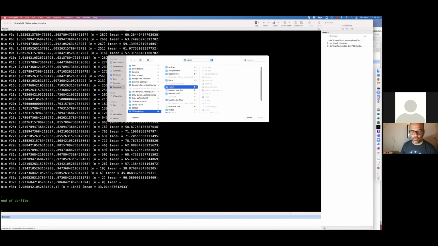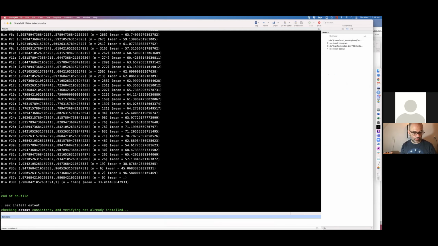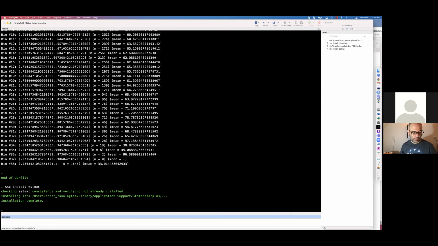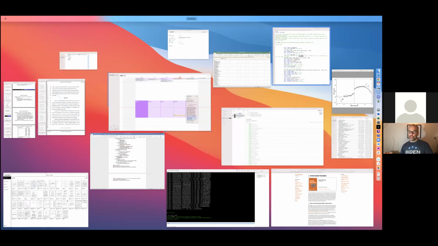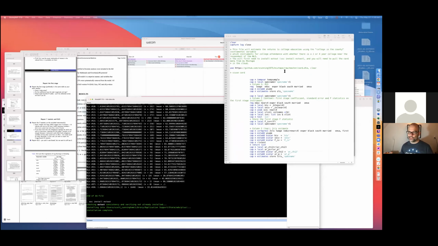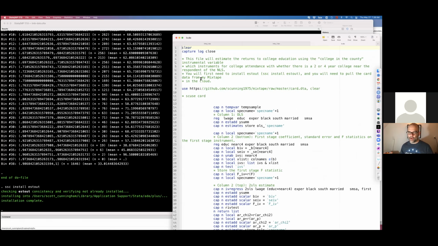It's SSC install stout. This is some code you can use. This file will estimate the returns to college education using college in the county. You'll use this right here.